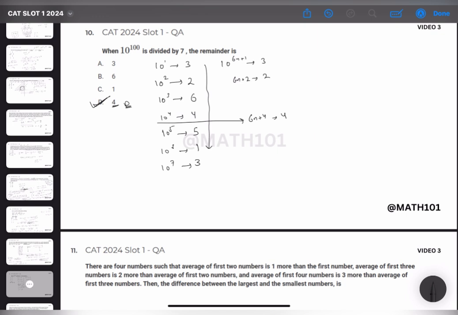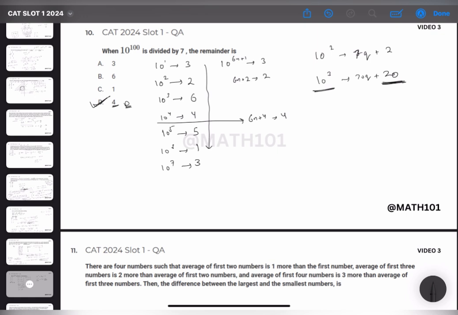So the trick we used is, if 10 square can be written as 7 times q plus 2, then 10 cube can be written as 70q plus 20. So instead of dividing 1000 by 7 to find the remainder, we just divided 20 by 7 to find the remainder.